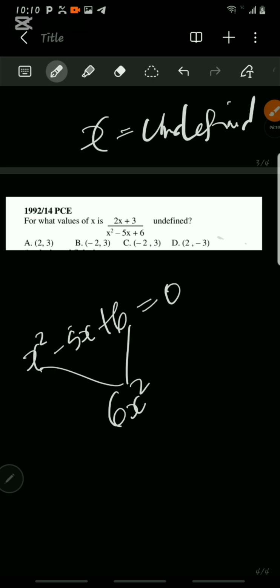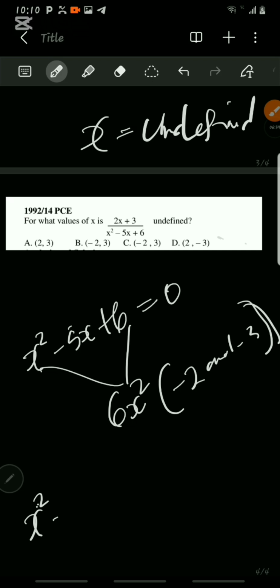But when I add them, I'm going to get minus 5. That is the middle number. So I notice that those numbers are minus 2 and minus 3, right? So what I'm going to do next is to replace the middle term with these two numbers. So I'm having x squared minus 2x minus 3x plus 6 equal to 0.